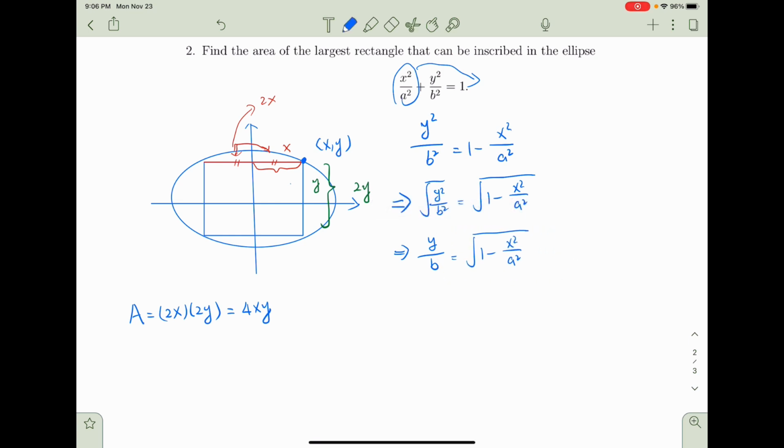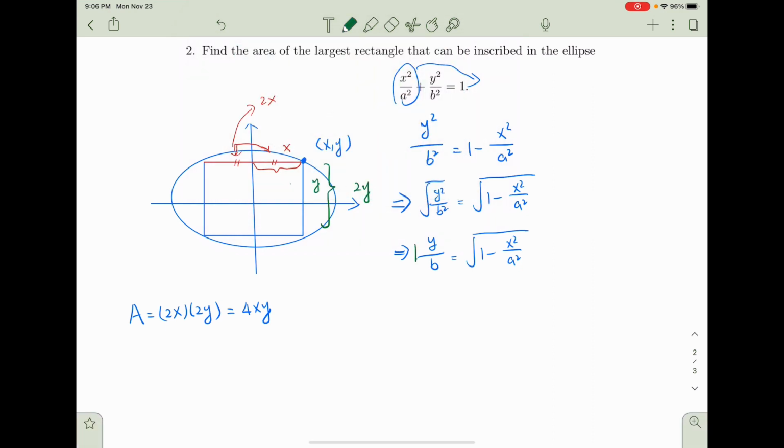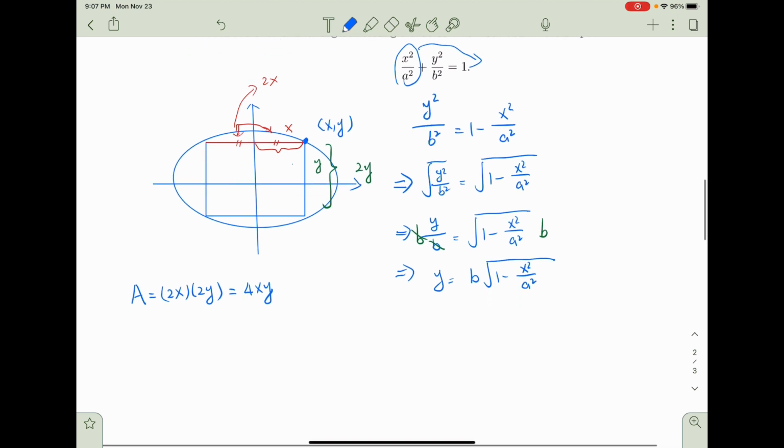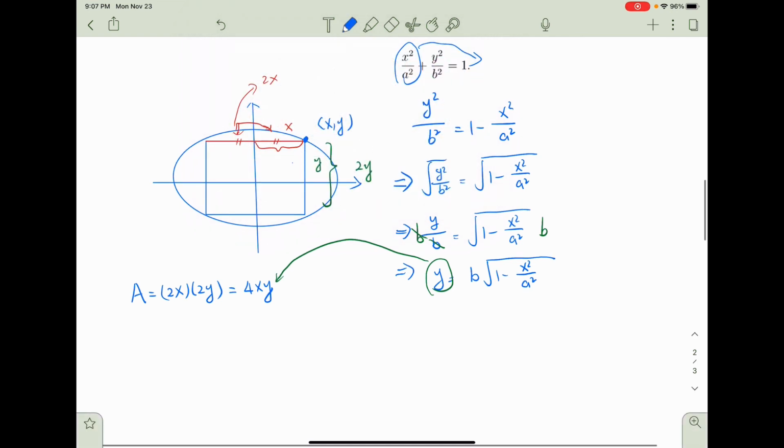And then you multiply b on both sides, so this b cancels with this b, and you have y equal to b times the square root of 1 minus x squared over a squared. And after this you can substitute this back into the expression we've just obtained to get rid of the variable y, so you only have one variable here.